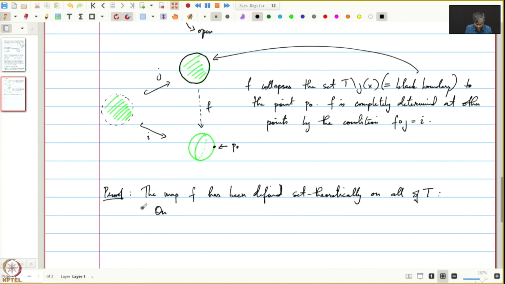On J of X, define F to be, so just J of X. J is a homeomorphism from X to J of X, so we apply J inverse and then we apply I. So, this goes to I of X, right.